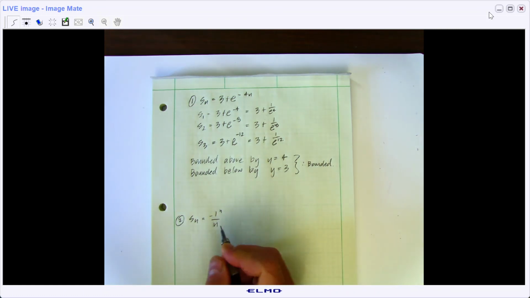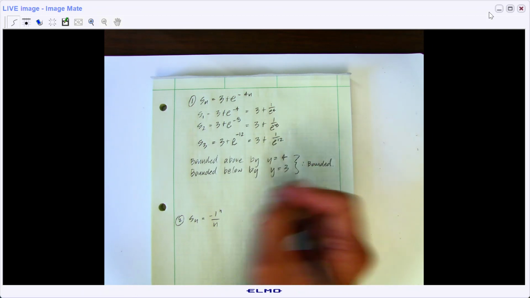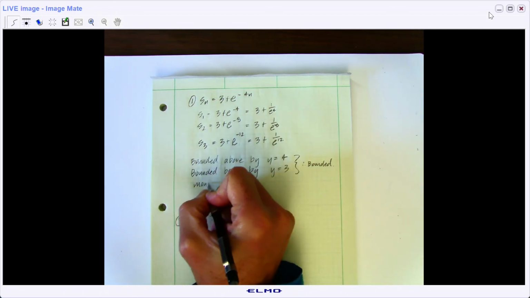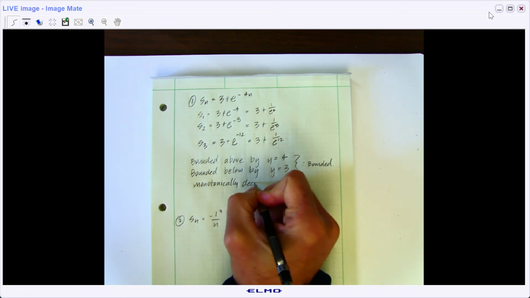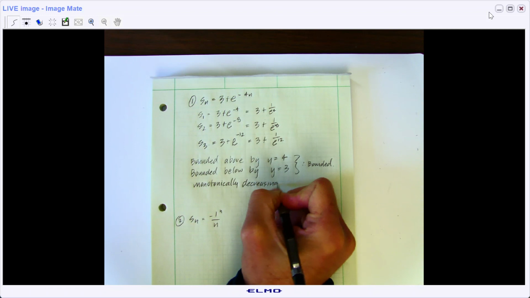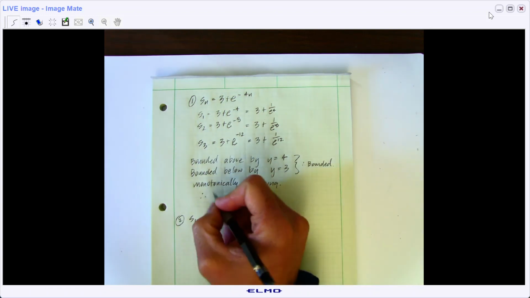And the other thing we can see is that it's getting smaller, right? We're adding less and less each time. So it's monotonically decreasing. So we can apply what the theorem says, this thing must converge.